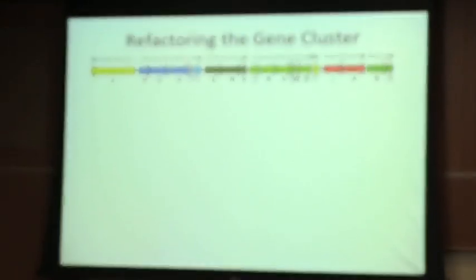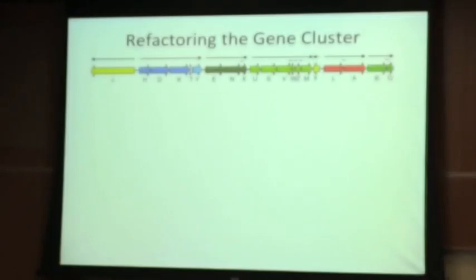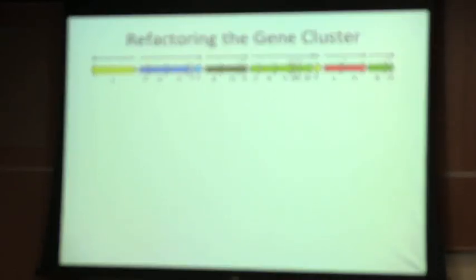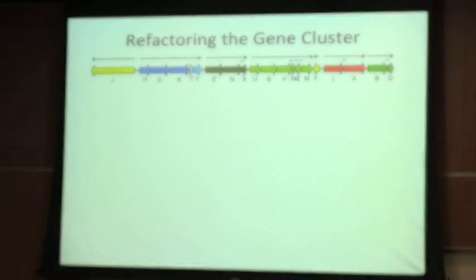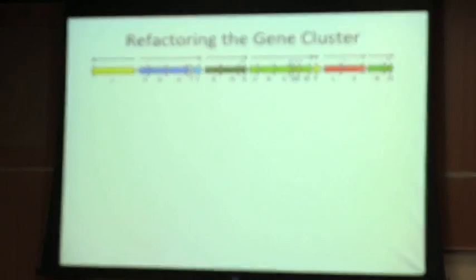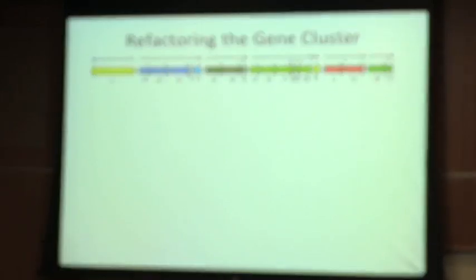That means you start from scratch and completely rewrite the code to create the same program, but organized to be modular, engineerable, stable, and so on. The way we're applying it here is by completely rewriting the DNA sequence of the gene cluster so that it's modular and engineerable, but encodes the same function as the wild type system.